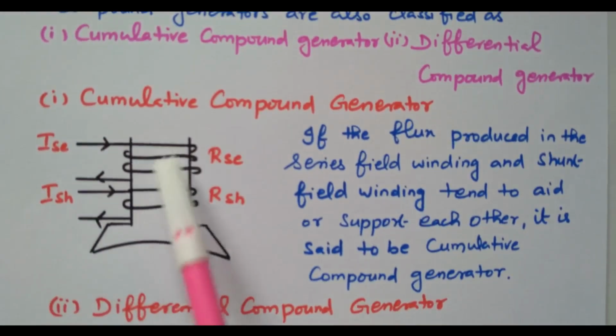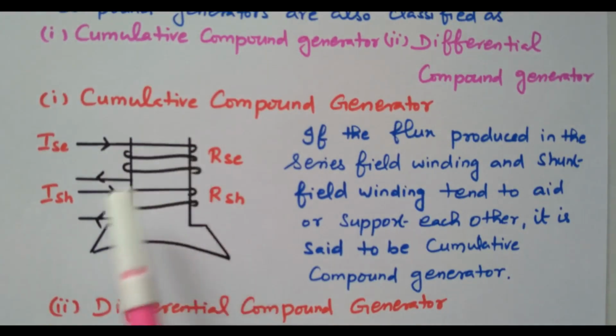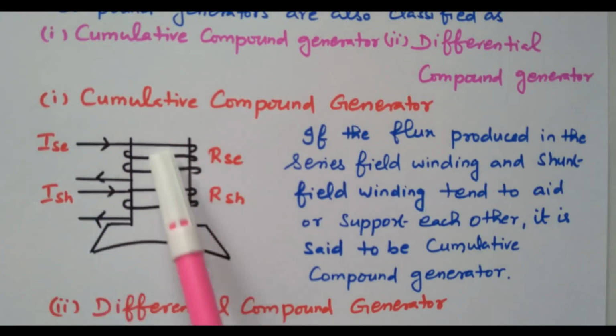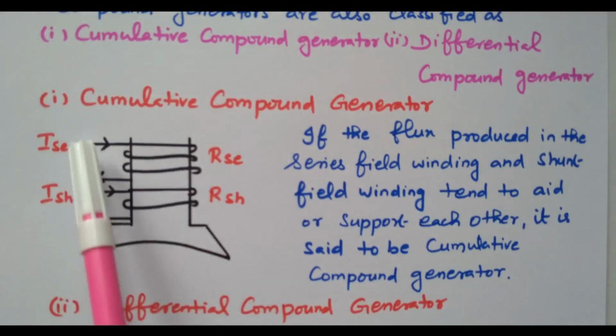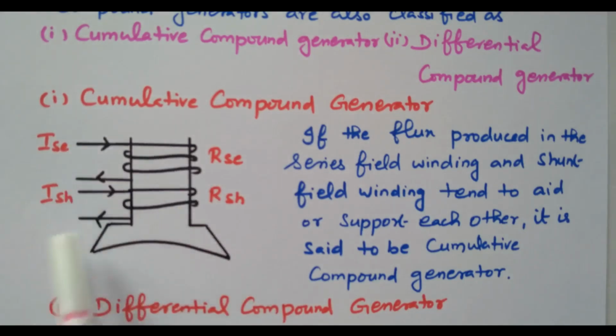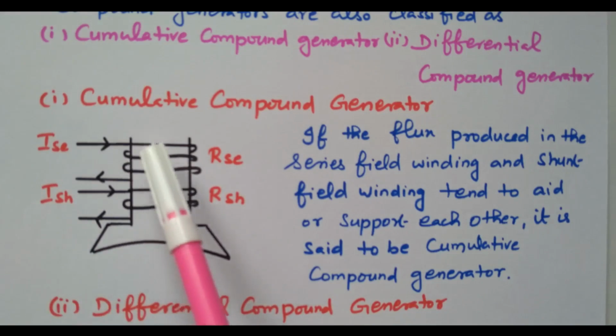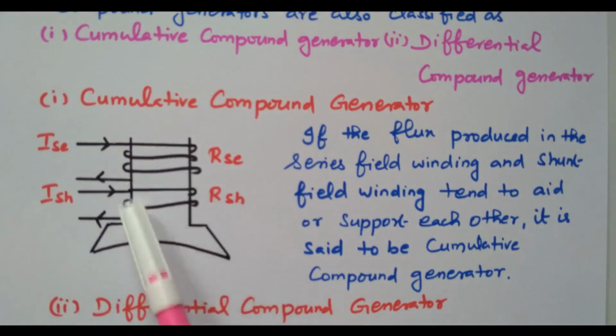See, these are the two windings. This is a series field and a shunt field. In the compound generator, we have both the series winding as well as the shunt winding, connected in series as well as parallel. See the current direction, both are equal. The current enters here and leaves here. Here also the current enters here, leaves here. Right? So the magnetic flux will be the same in both the series winding as well as the parallel winding.